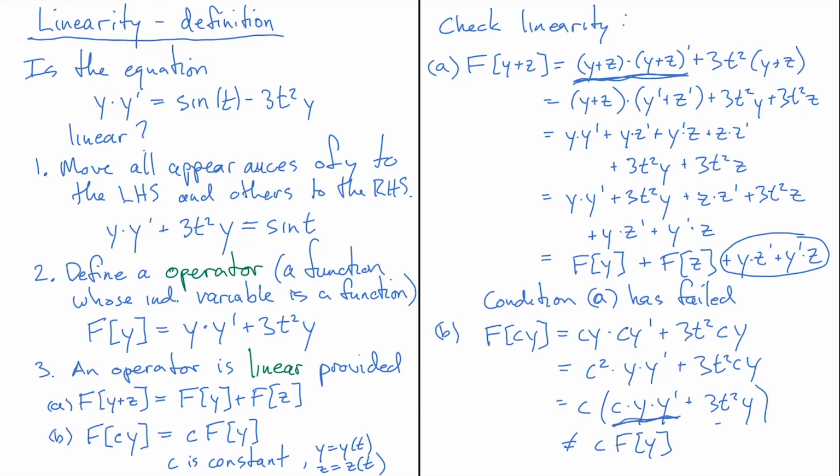So you'll notice that a 3t squared doesn't really matter, that there's a t squared, which looks like a nonlinear term, or the fact that it's a t squared multiplied by a y. Neither of those things were a problem for these two properties. What was a problem is when you had a y multiplied by a y prime. That is what we call a nonlinear term. So it's a nonlinearity in the y parts of this equation that matter.